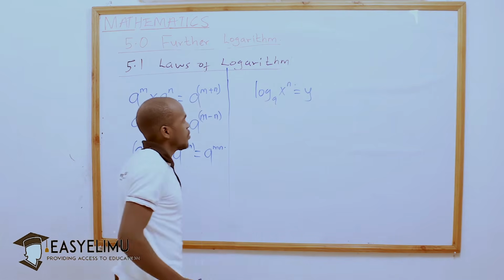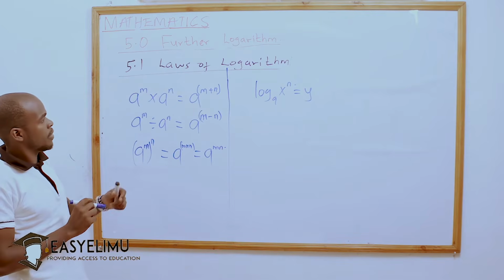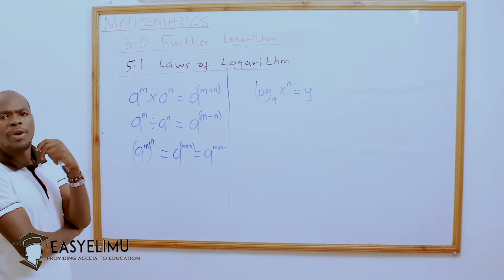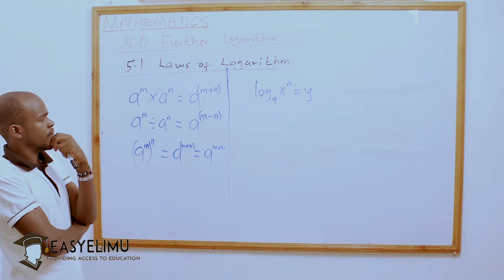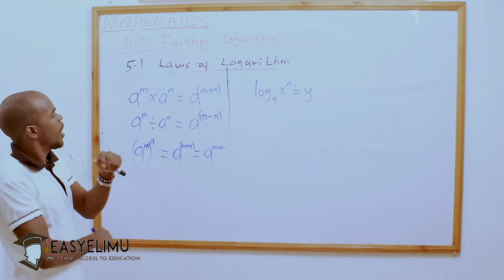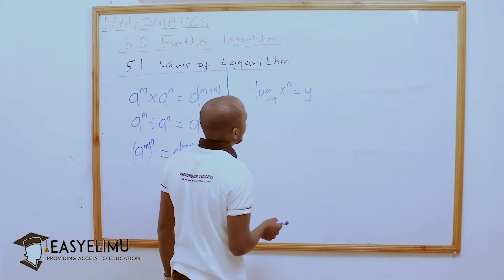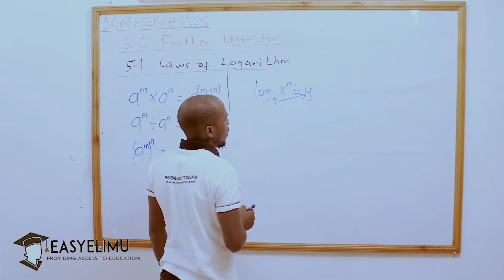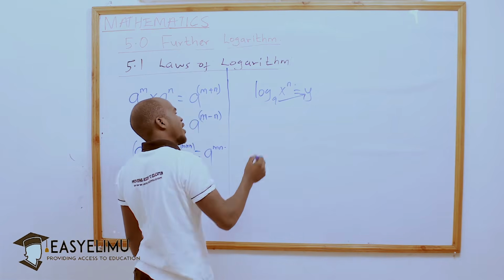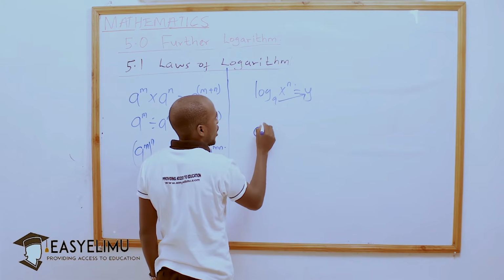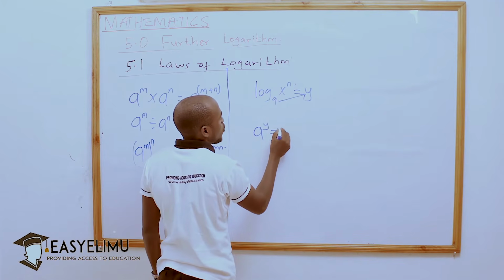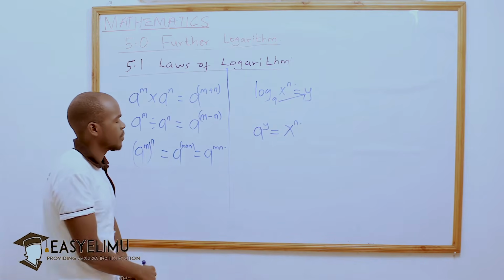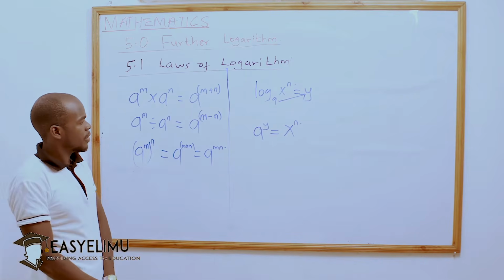Let it be equal to something like y. If that is the case, then we have to write it in index notation. If we write in index notation, this will be raised to that power, and we are going to have a^y is equal to what we had here, which is x^n.